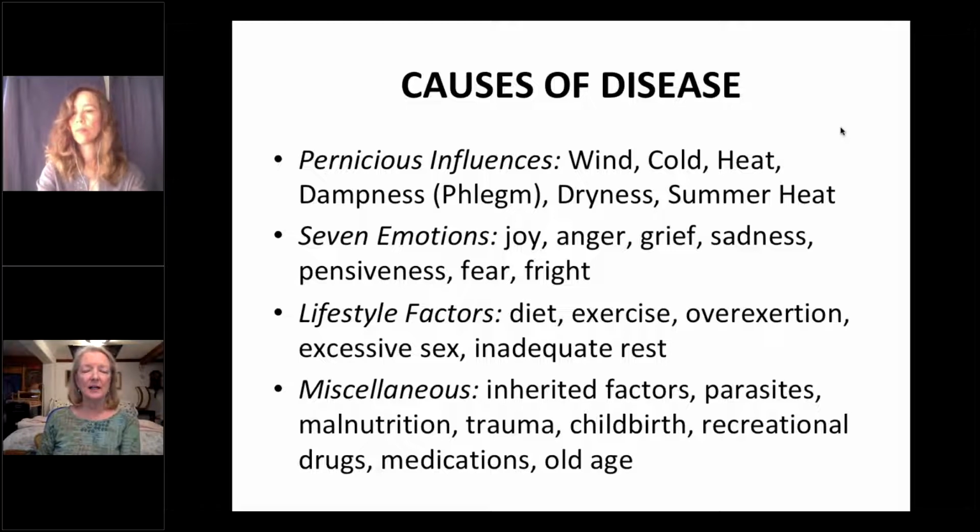Now, wind and dampness both don't appear by themselves. So just like wind appears with cold or heat, dampness also appears with cold or heat. So you have damp cold or damp heat. And the dampness itself will have symptoms of heat if it's damp heat. In other words, excretions, secretions will be copious because of the dampness, but they'll be yellow.